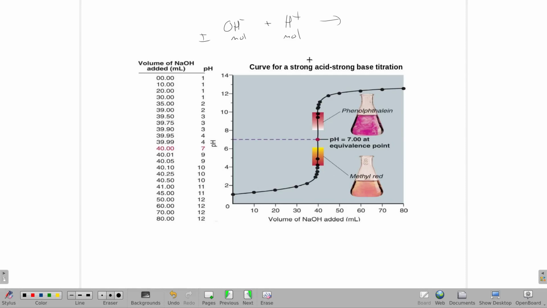And whichever one's in excess is what controls the pH. If you have more H+, you're in the acidic range. If you have more OHs, you're in the basic range. You're going to subtract out whichever one is smaller, and then take the leftover and divide it by the total volume.